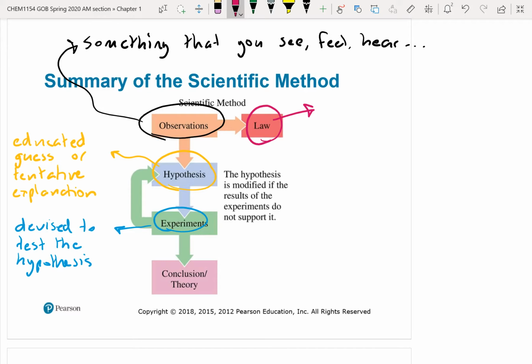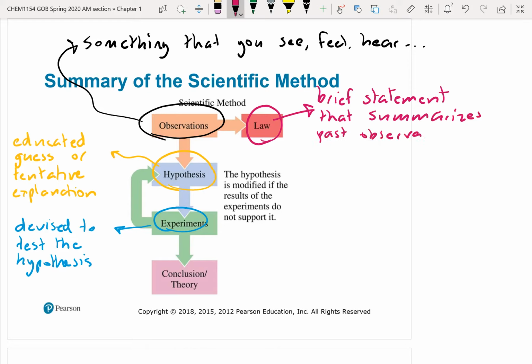Right? Hopefully you don't get caught. So when we talk about a scientific law in science, what it is, is just a brief statement that summarizes past observations but it also predicts future ones.